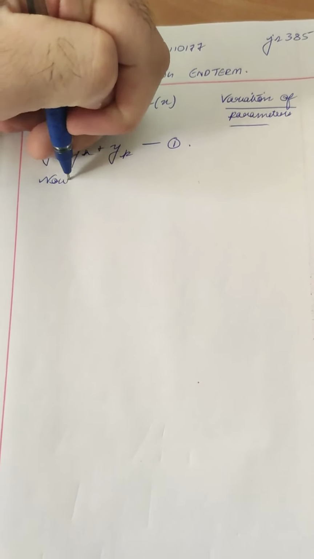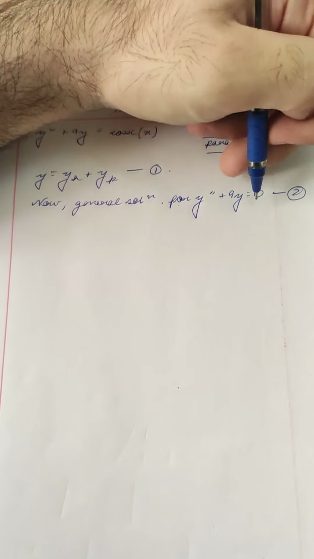Now we'll find the general solution for y double prime plus 9y equals to 0. So let's just call this 2. Now you might ask, why is this 0 here, whereas in the initial equation it was cosec?